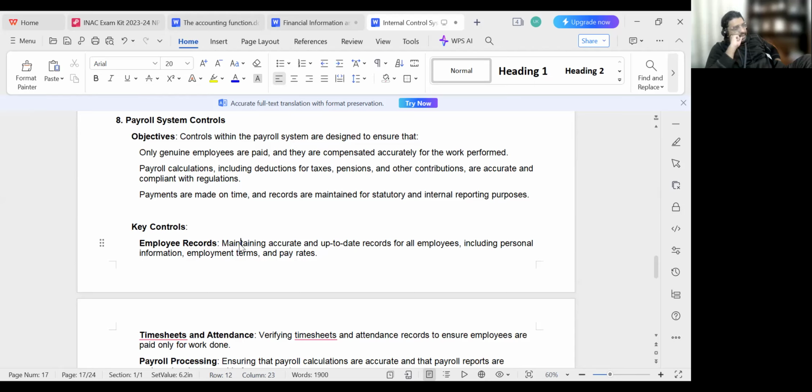Then if there are any deductions or additions, deductions could be because of late coming, or because of the offs the employees have taken, or additions could be because of extra hours any employee worked, right?